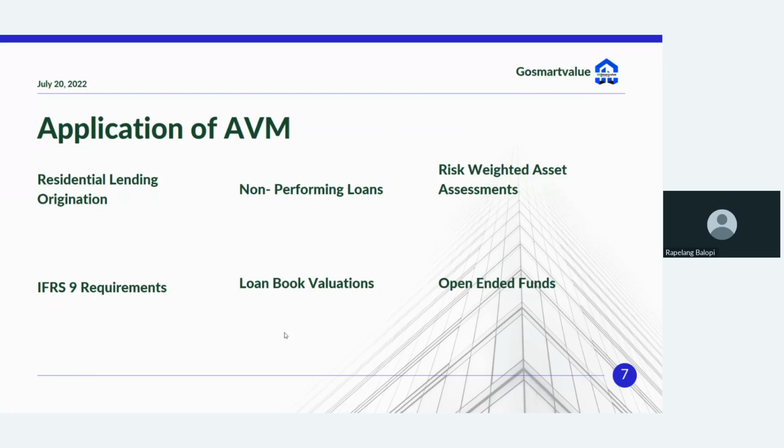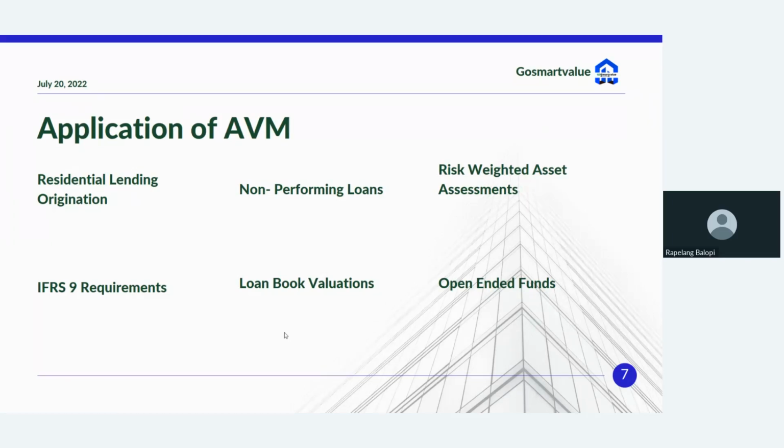We are seeing automated property valuations being used there. One of the key changes in the past couple of years is the IFRS 9 requirement that financial institutions revalue their collateral every 2 to 3 years. As such, there is an application of automated property valuations in that regard.